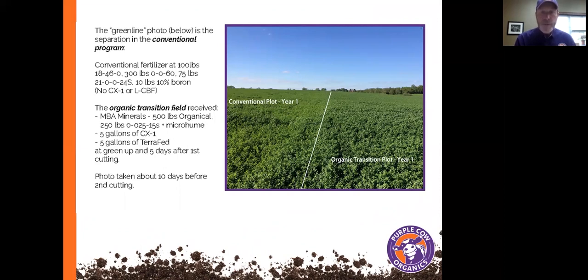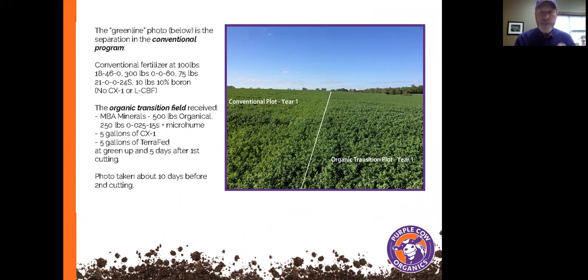This is one of the fields that we tried it on, and again, just conventional fertility, 0-0-60, and a little bit of MAP, DAP, and I think even some urea was going on, alfalfa, if you can imagine that.